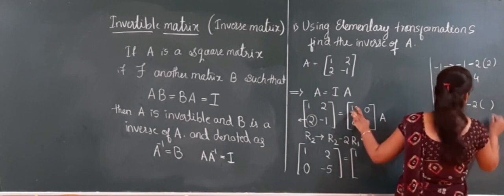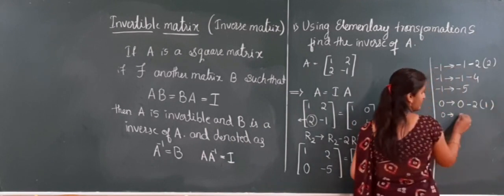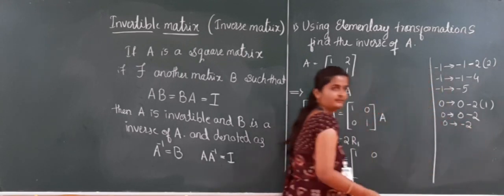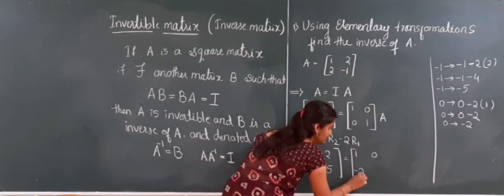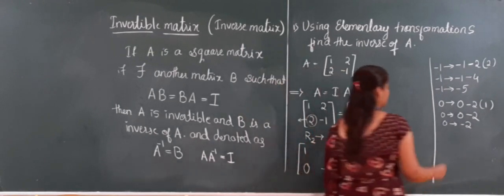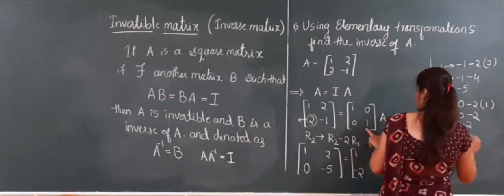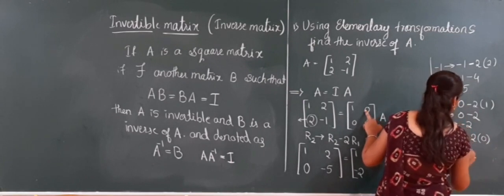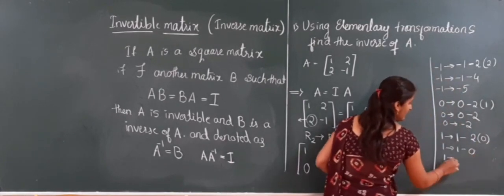R1 means the corresponding term 1, so 0 changes to 0 minus 2, so 0 changes to minus 2. Next, what about this term? 1 changes to 1 minus 2 into 0, which is 0, so 1 changes to 1.